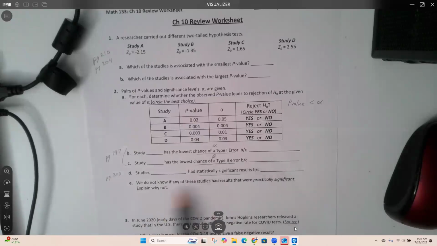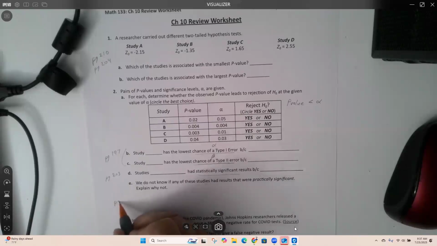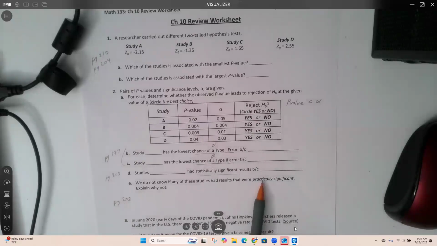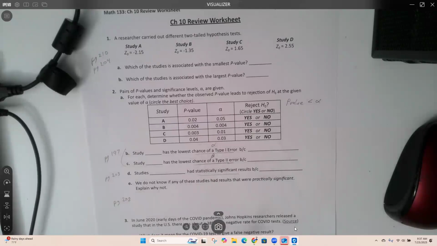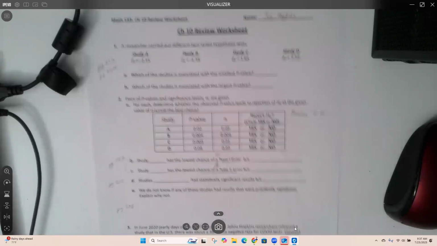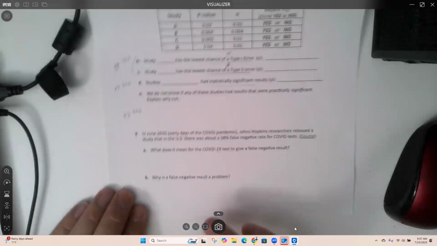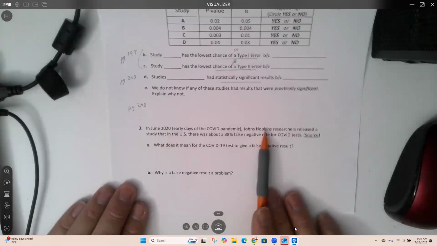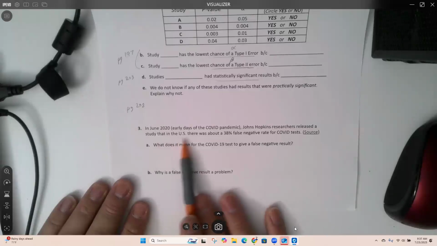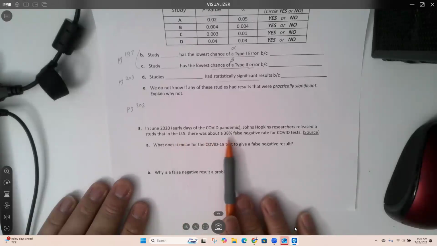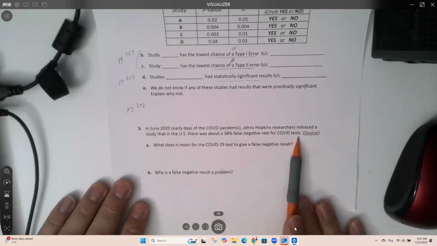On page 208, we talk about practically significant versus statistically significant. In June 2020, Johns Hopkins researchers released a study that in the US there was about a 38% false negative rate for COVID tests.